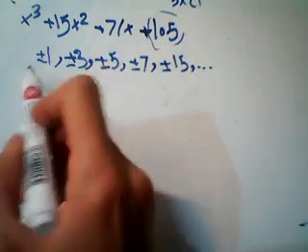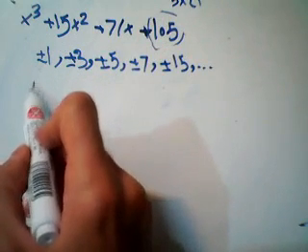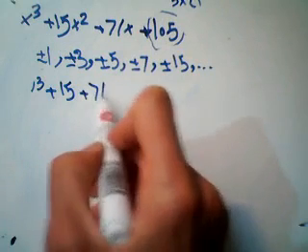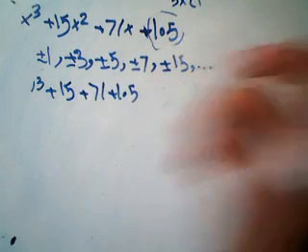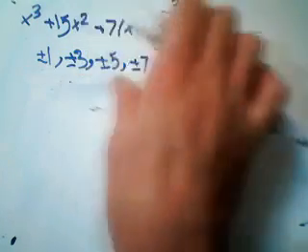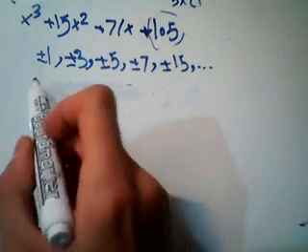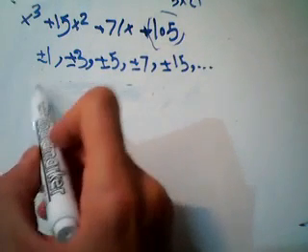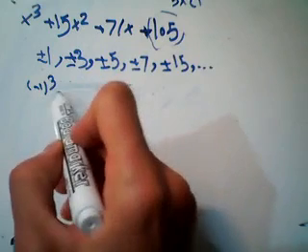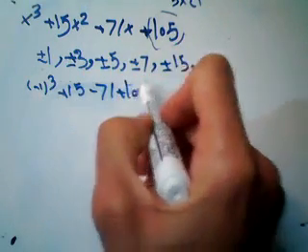Let's start with this 1. We substitute 1. That would be 1 cubed plus 15 plus 71 plus this. This is definitely not 0. All of it is positive. So try minus 1 cubed plus 15 minus 71 plus this.